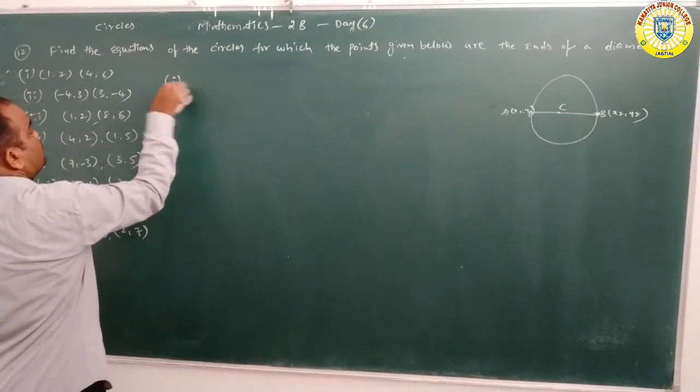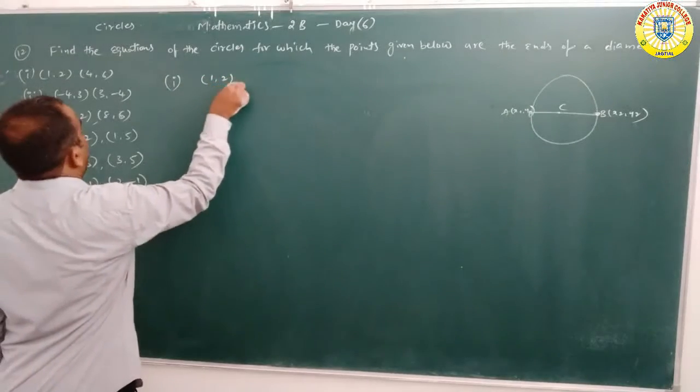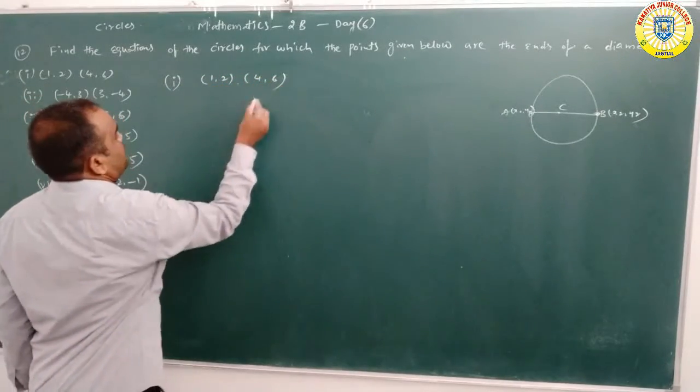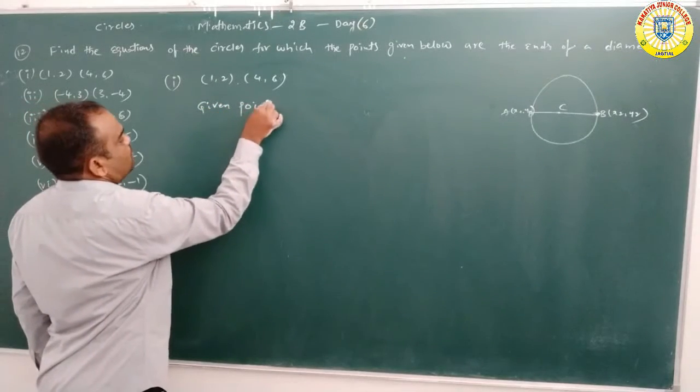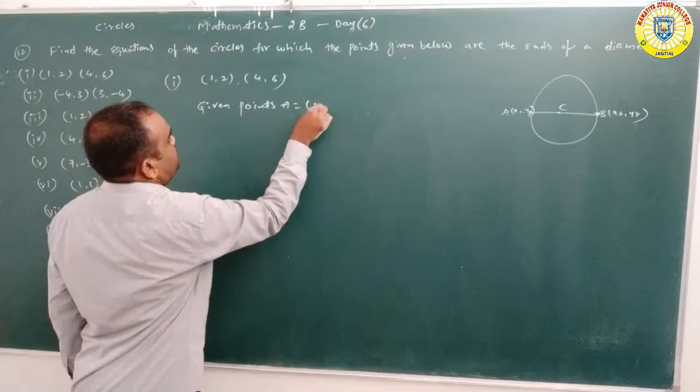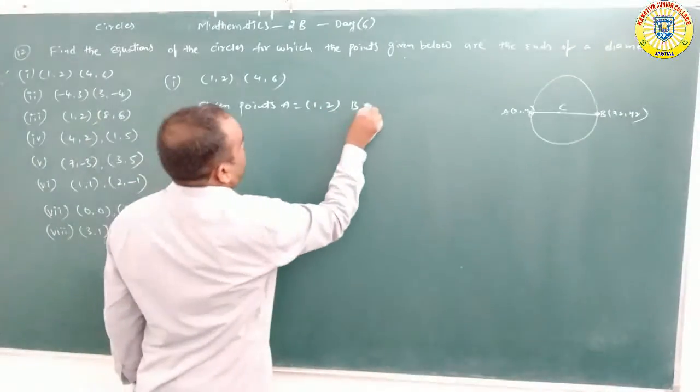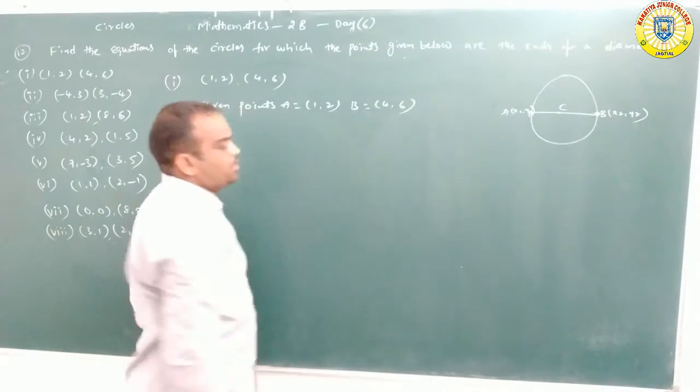See here, first problem. What is it, sir? 1 comma 2, 4 comma 6. First we are writing the given points. What are the given points, sir? A is equal to 1 comma 2, B is equal to 4 comma 6. Okay?